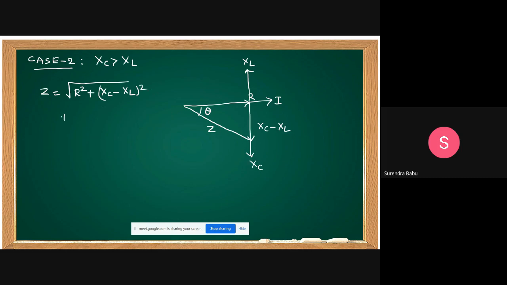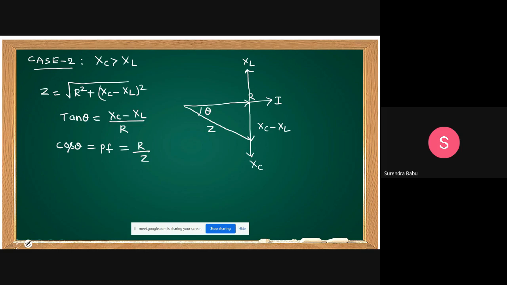What is the tan theta? Tan theta equal to XC minus XL by R. What is the cos theta? It is the power factor. How can we write? This is always R by Z, where Z is the square root of R square plus XC minus XL whole square. Okay, this is the impedance triangle for case 2.